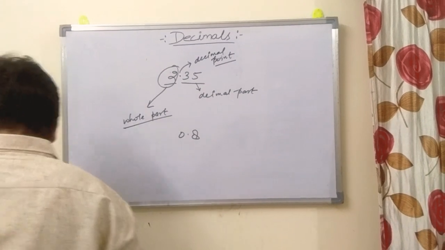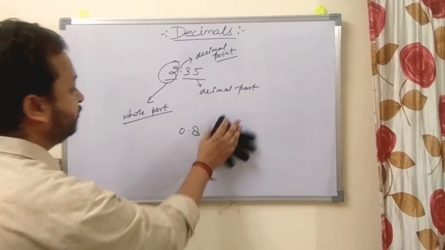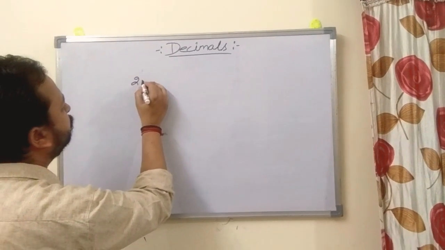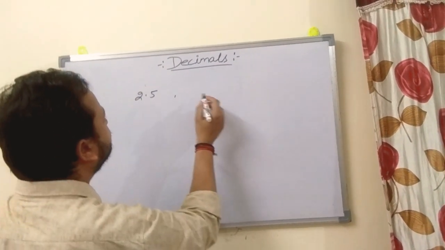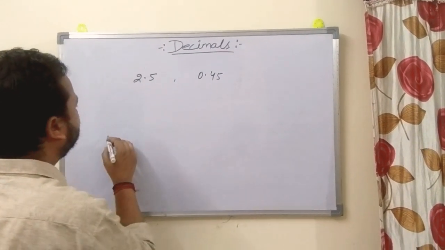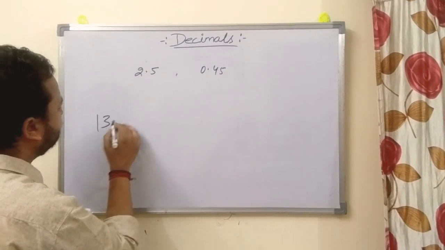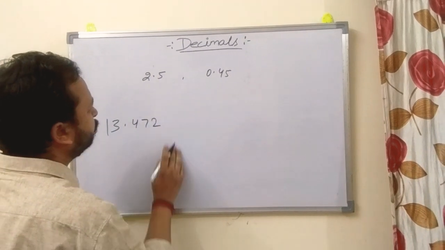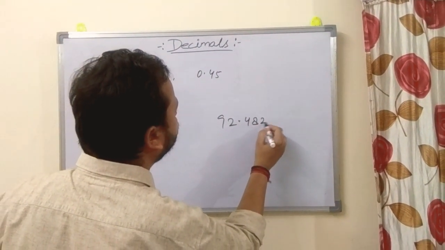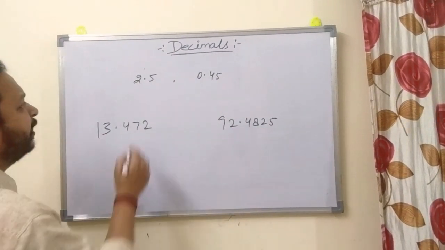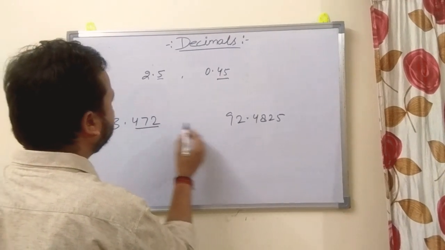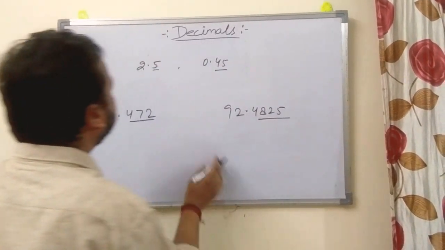Another number is written as 2.5, another is 0.45, another is 13.472 or 92.4825, right? The right hand side is the decimal part of the decimal point.